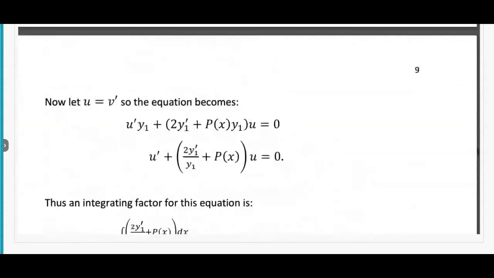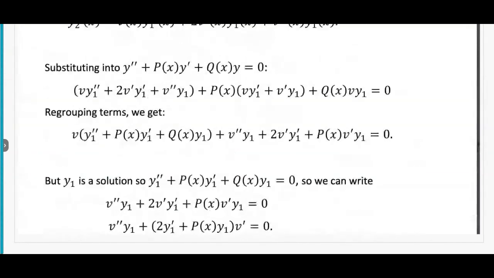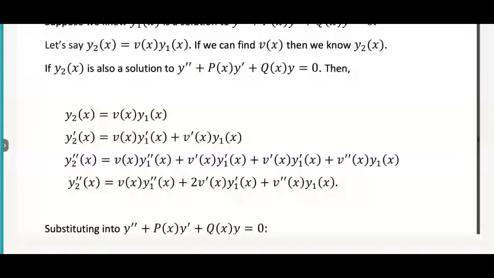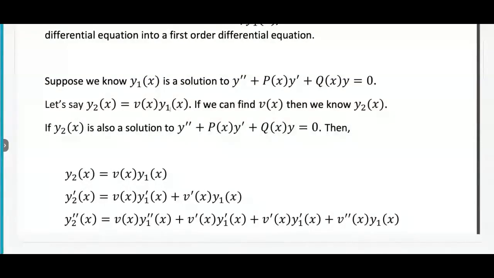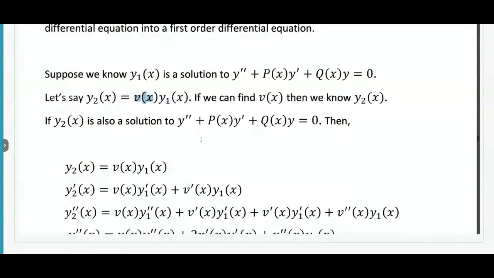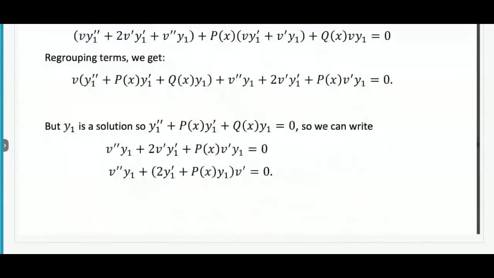Non-log case, excuse me. We're thinking, so we have a solution y1 already. We're thinking about the second solution being y1 multiplied by some function of x.